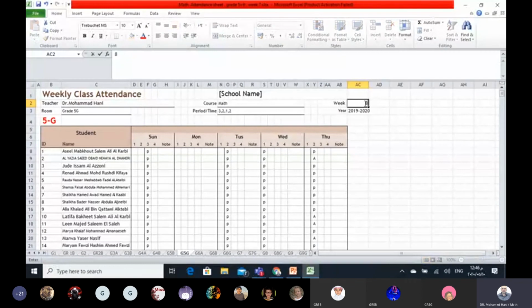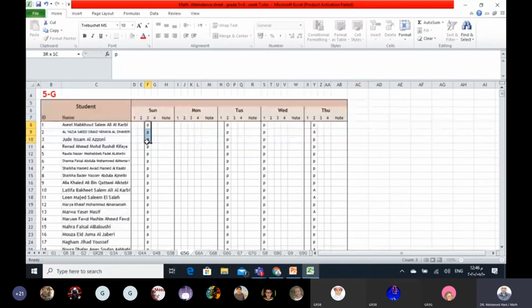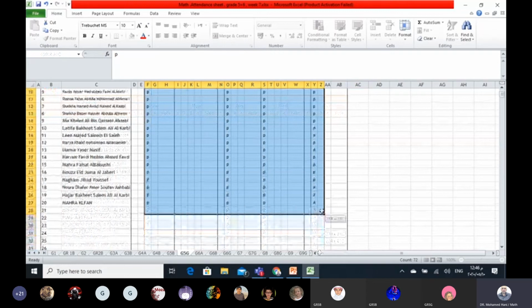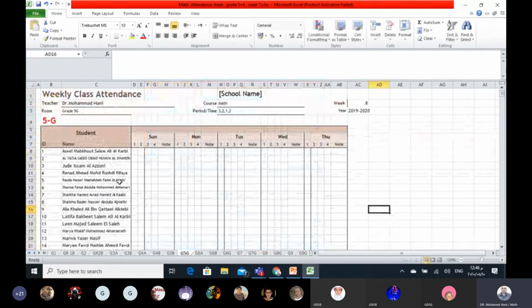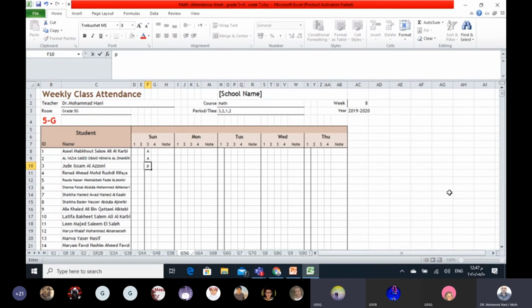Now we are in week 8. Asir. Asir. Where is Asir? Absent? Okay. Aliazia. Aliazia. Absent. Okay. Jude. Jude. Here. Great. Here.